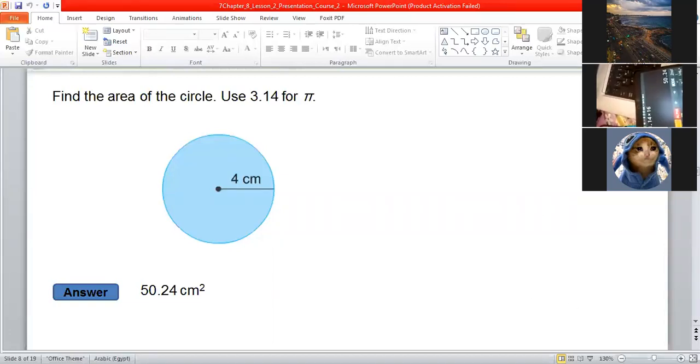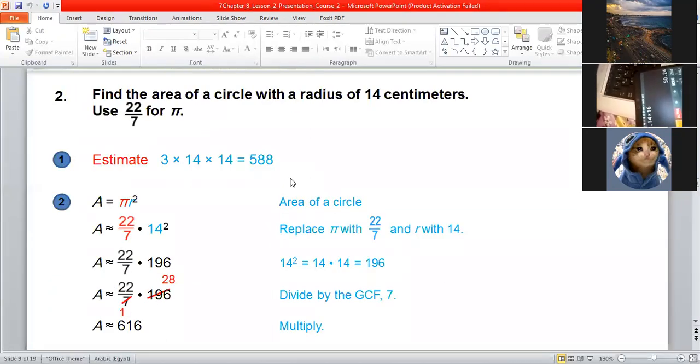Go with me to the next example. Read the head, please. Find the area of the circle with the radius of 14 centimeters. Use 22/7 for pi. So we will use pi here as 22/7, not 3.14.